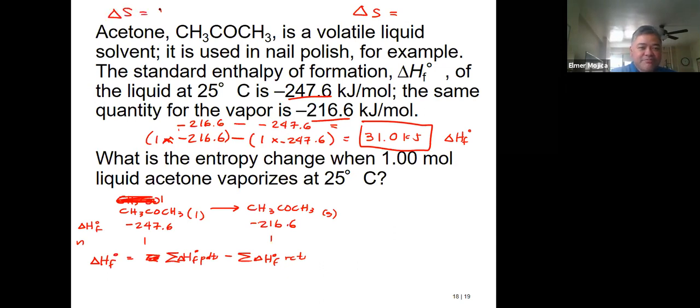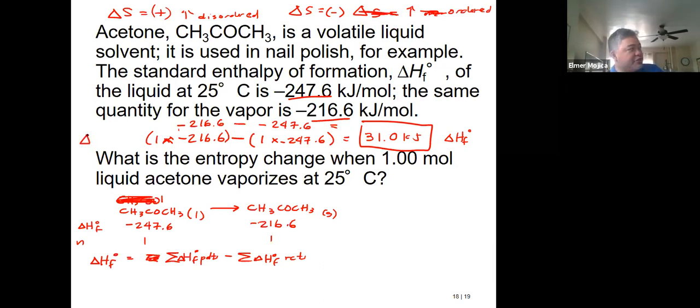If your delta S is positive, it is more disordered, and your delta S can be negative, it is more ordered. So what do you think is the delta S for this system? How are you going to predict it? Will it be positive or negative?